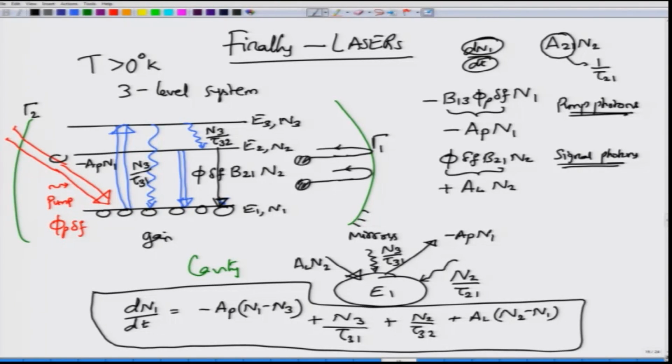These stimulated emission photons again travel towards the second mirror, undergo a reflection at gamma 2, and then come back. So, inside the cavity they are circulating back and forth, thereby increasing the total population density of the signals.